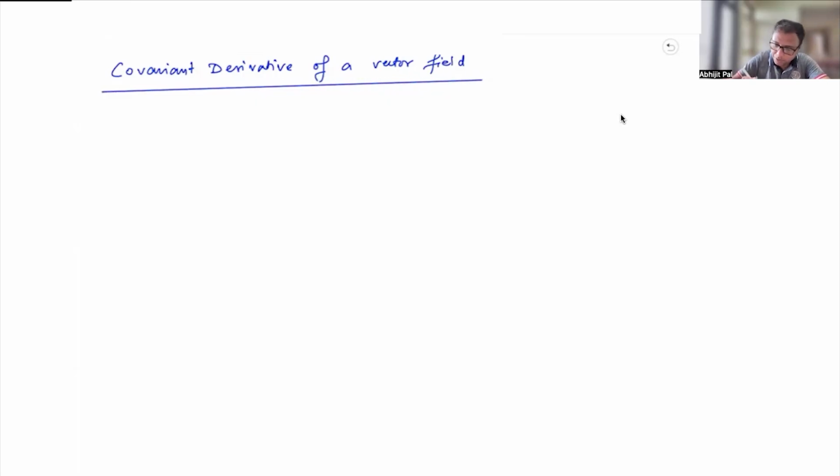Okay, so let us start with a regular surface S in R3. And let us take a surface patch U, sigma.